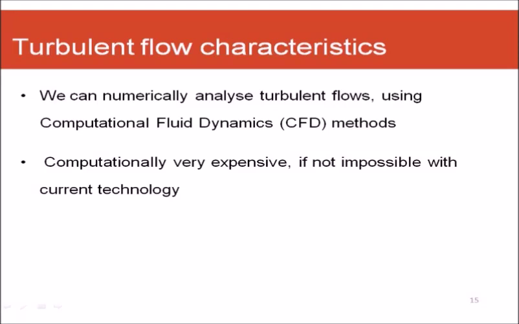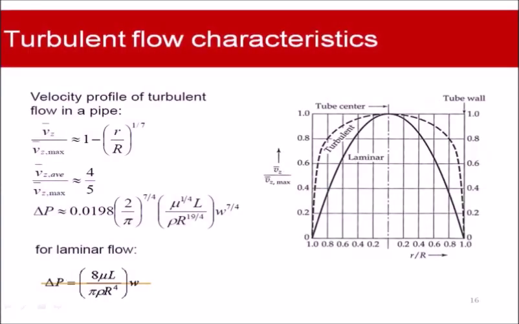With advancement in computing technology, this is possible numerically. By looking at the nonlinear dependence, we can say that turbulent flow needs more energy for the same mass flow rate.